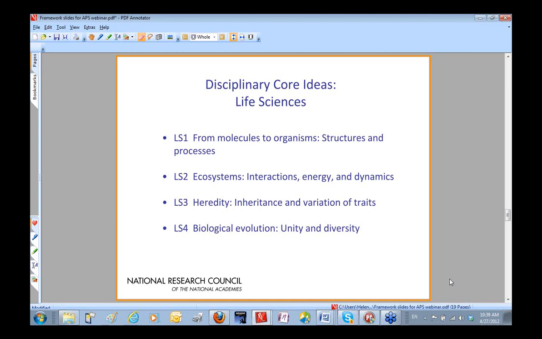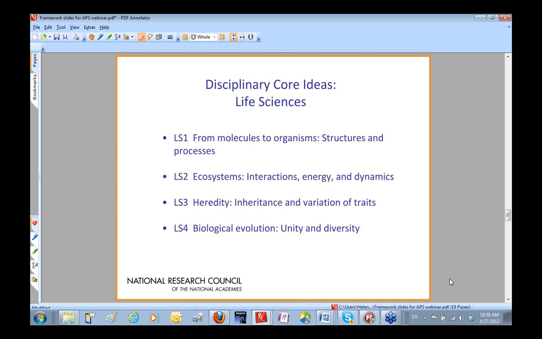The order is not an order of importance. Some biologists wanted us to put evolution first as being the most important. The order is more so when we were writing our document, we could build the knowledge across these subject areas. Of course, for the students, they build the knowledge in all of these subject areas over time, so there's not an order as to when you don't do organisms first and ecosystems second as you go through elementary school.